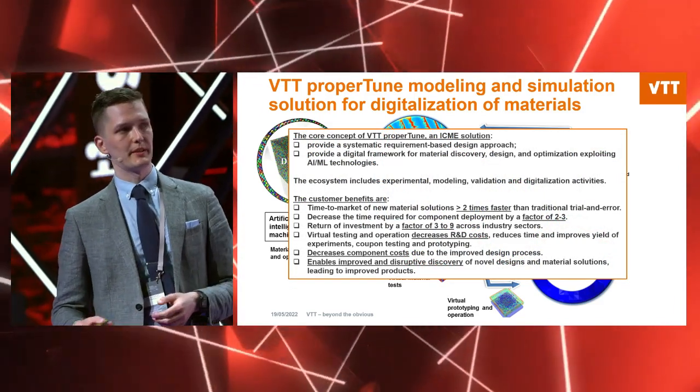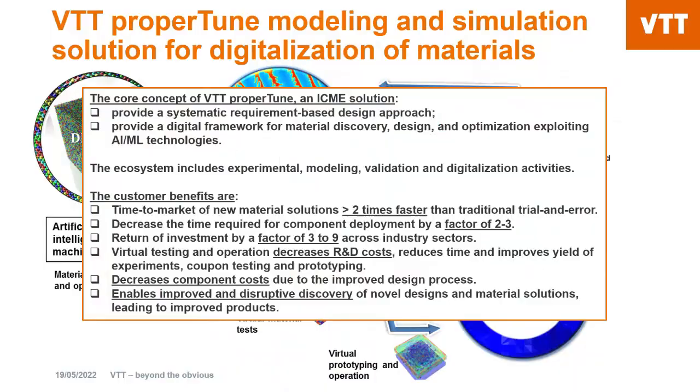Our ecosystem that we have developed includes all the experimental, the modeling, the validation, the digitalization activities, and our customers benefit. We decrease the time to market of new material solutions by up to 2 times, compared to traditional trial and error. Additionally, we decrease the time required for component deployment by a factor of 2 to 3.